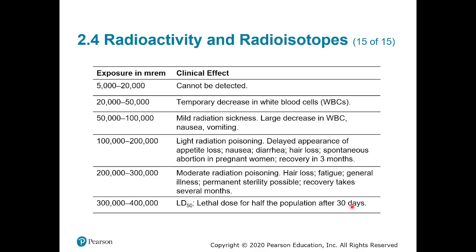Within 30 days, half the population exposed to this level of radiation will die. Above this, the LD50 just becomes like an LD75, LD85, and on and on. You just start killing people faster and more often. Does anybody have any questions about that so far?